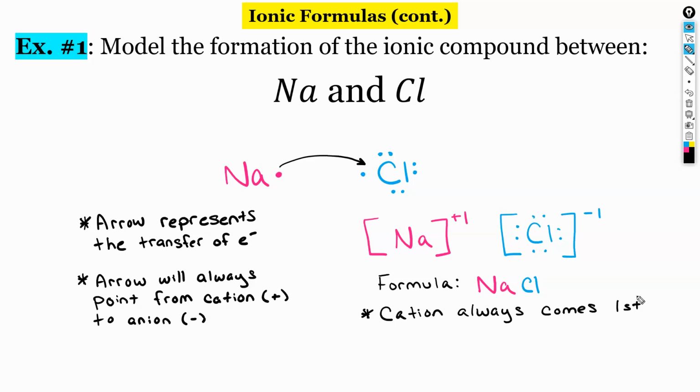And then if we have to add multiple ions, which you'll see in some of these later examples, we want to add subscripts to indicate the number of each ion needed.